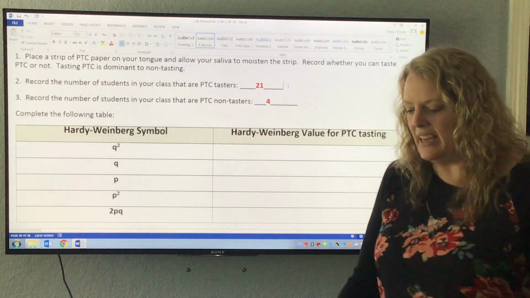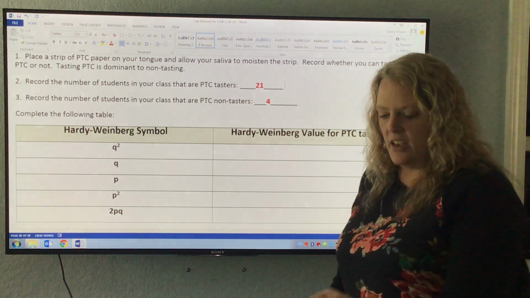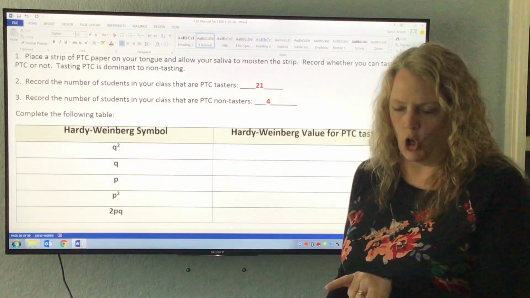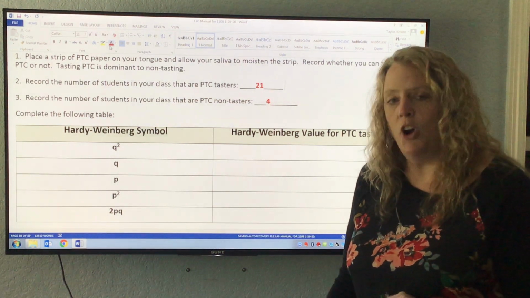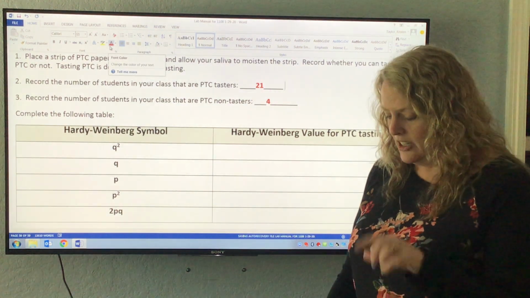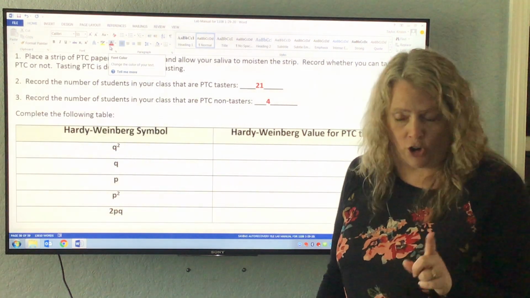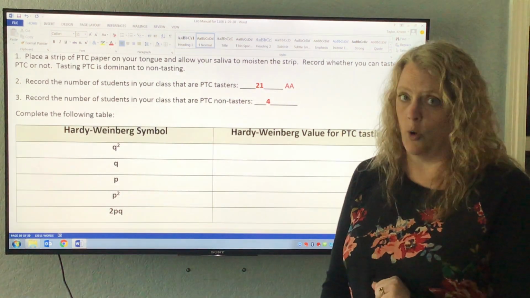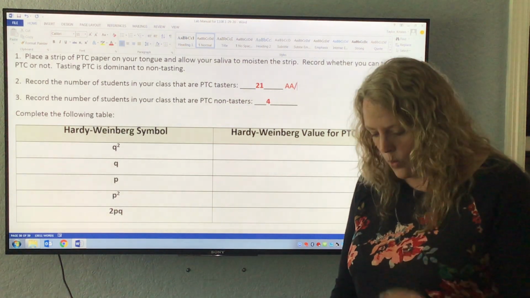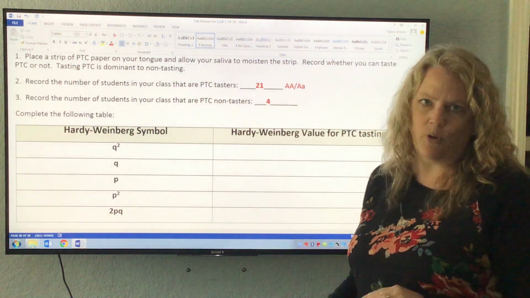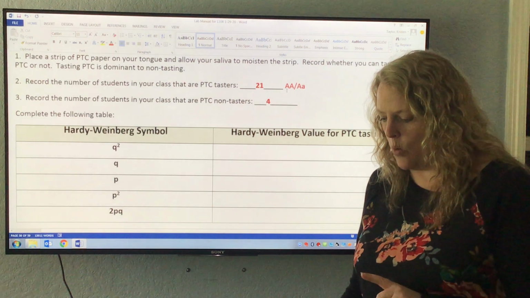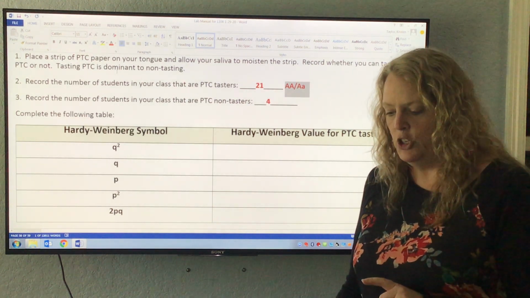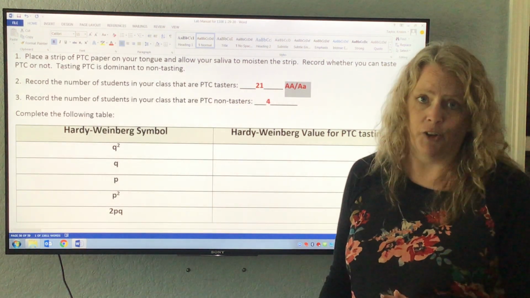Alright, so what we're saying here is, if you are a taster, that means you are dominant. In order for a taster to be able to taste that, you would have to be born either homozygous dominant or heterozygous. You have to be one of those 2 to be a taster.